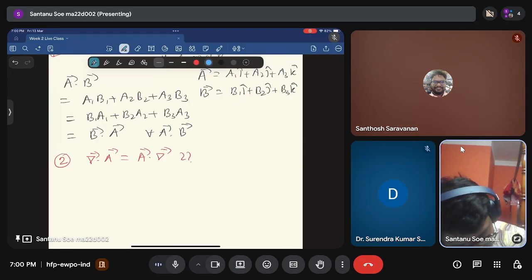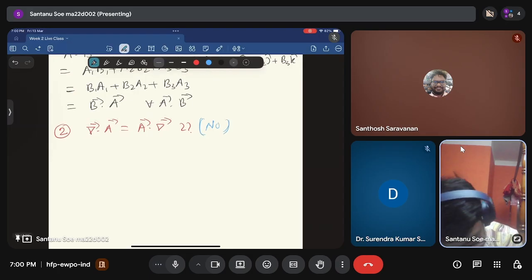So the answer is no. This is because nabla dot A is an operator which we are applying on A, right? So this is applying del del x on A1, del del y on A2, and del del z on A3, right?